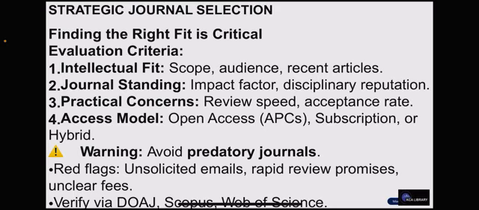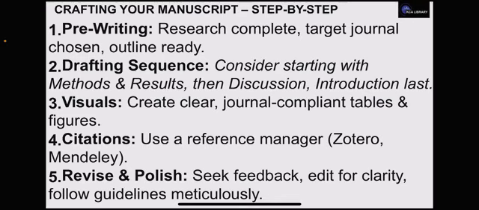These are not just about journals alone; these are signals that we should see in any line. We should quickly know there is a red flag. Rapid review promises: we know that sometimes it doesn't work that way. Unclear fees: when the fees are not clearly stated. You can verify via DOAJ, Scopus, Web of Science, and the likes.